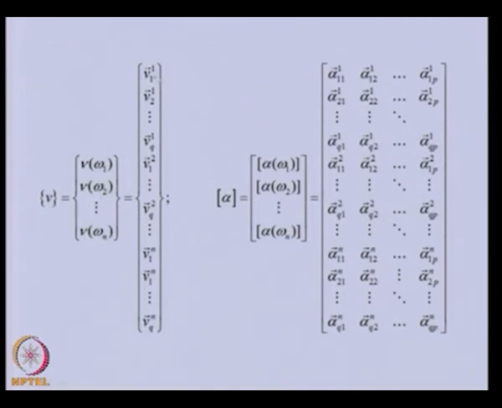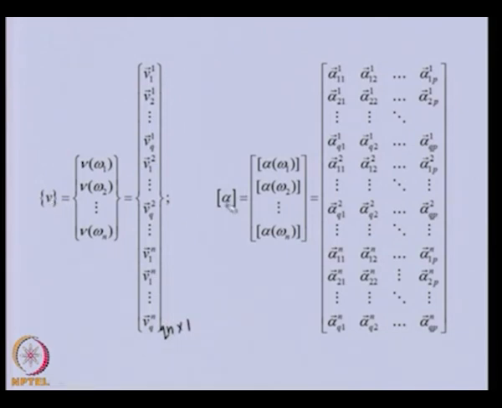So that means the first q responses are corresponding to speed 1, next is corresponding to speed 2, and the last is corresponding to speed omega n. So the size of this is now q, which is one set of the measurement for one particular speed, into n cross 1. So this is the total size of the V matrix.